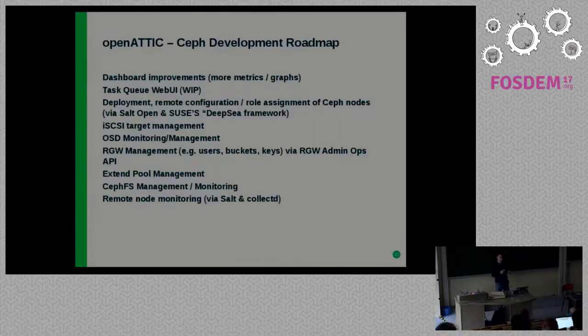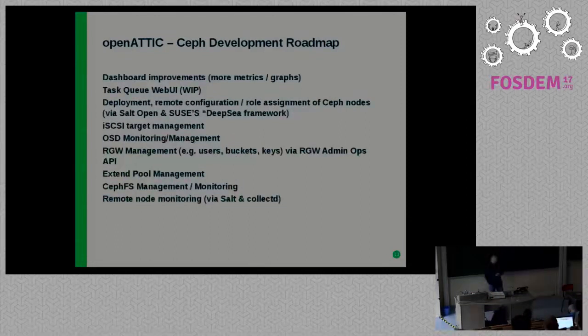Usually, if you consider the openATTIC node as a management node, it's not having the performance parameters that you would need for a full-fledged iSCSI target server. Usually that should be a bit more powerful machine. And to avoid having to install openATTIC on that node as well, we are now looking into using DeepSea and Salt for that instead.